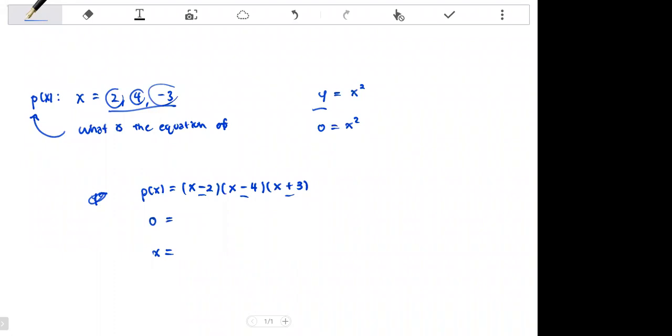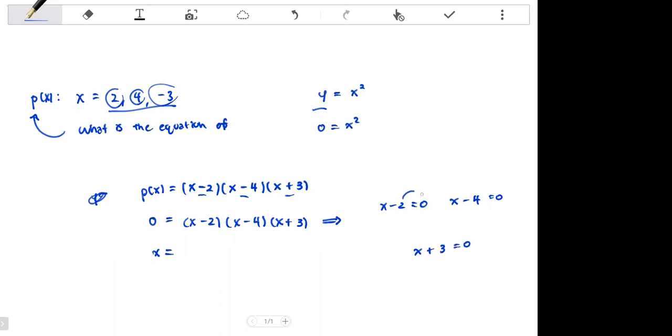Nobody? Okay. Well, you have to put it in the opposite sign so that when you set it equal to 0, you can solve for x, right? Now, this is the same thing as x minus 2 equals 0, x minus 4 equals 0, and x plus 3 equals 0.